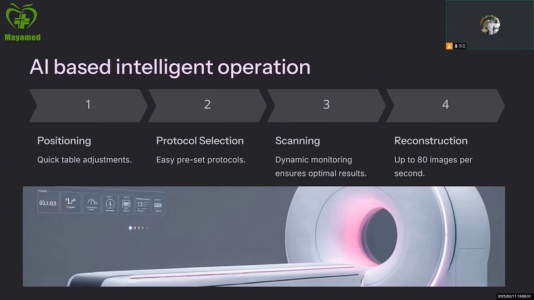So this CT is assisted by AI in positioning, in quick table adjustment, and in protocol selection, which helps with easy preset protocols. It helps in the scanning with dynamic monitoring and ensures the optimal result, and it helps in the reconstruction. It can make up to 80 images per second. So these four points make the software very easy and very AI assisted. It's a very attractive software.